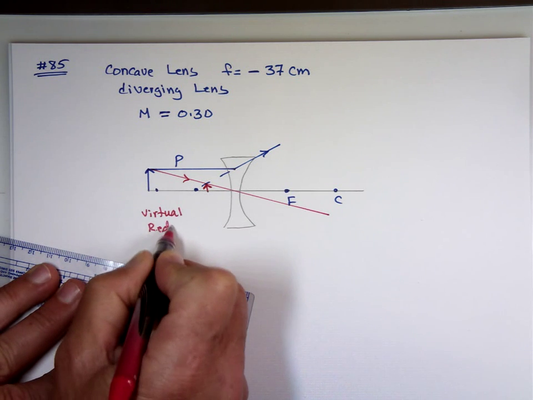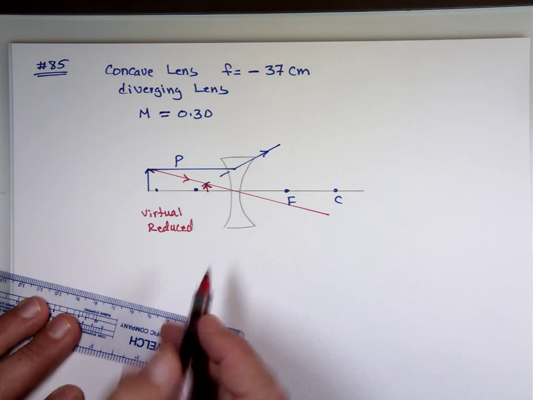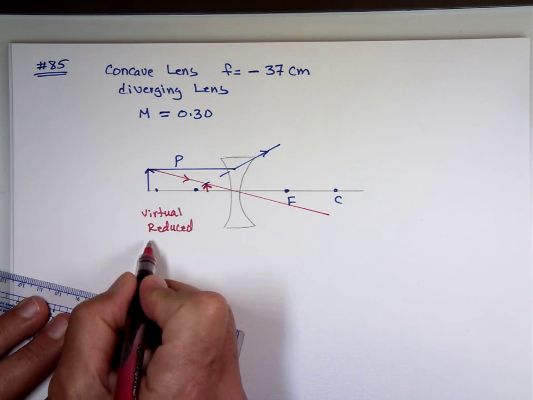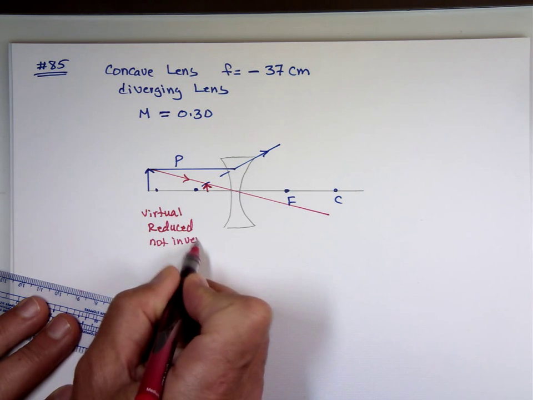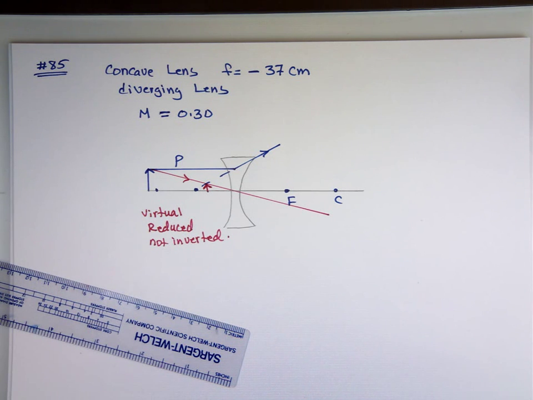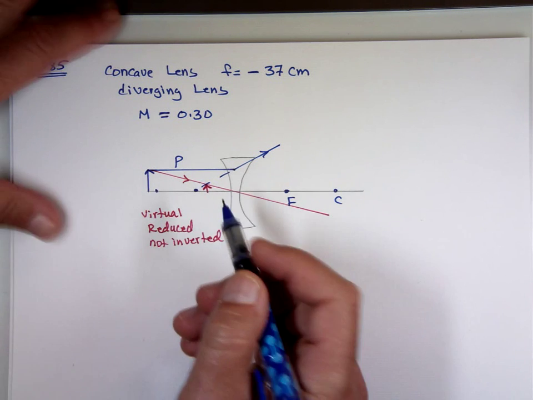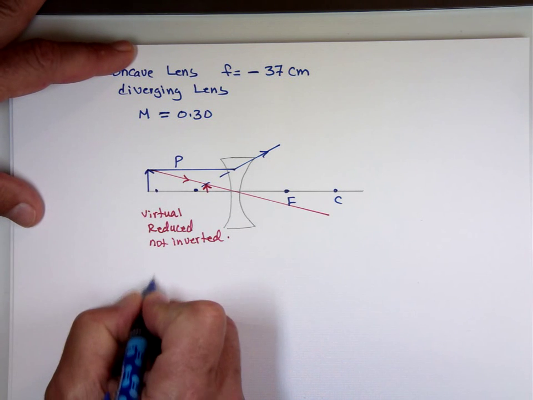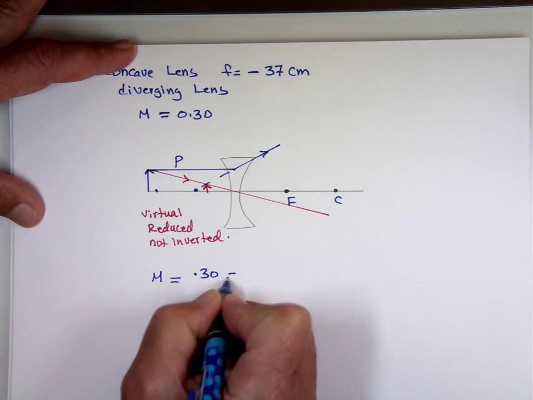It's a third of the size, or 0.3, and it's not inverted. So my picture seems to agree with that statement. The magnification is positive. Magnification is 0.30, which equals negative I over O.